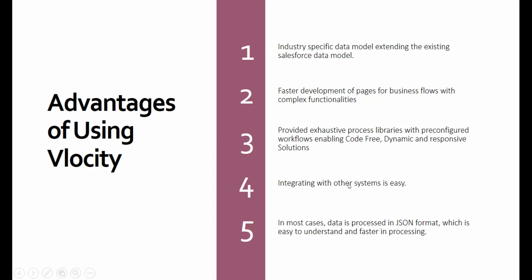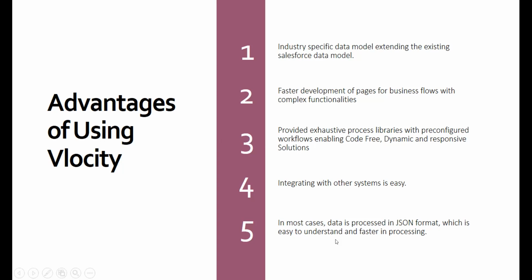You can also integrate with other systems easily. Let's take an example of billing. Let's say your client got an order and wants to manage the billing, and that billing is managed by a third-party client. We can integrate the billing system with any other system easily.